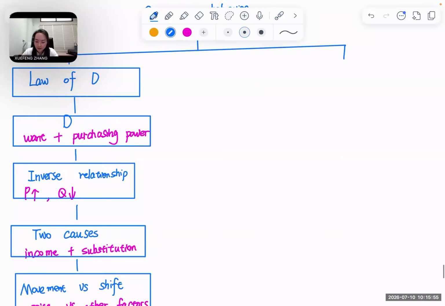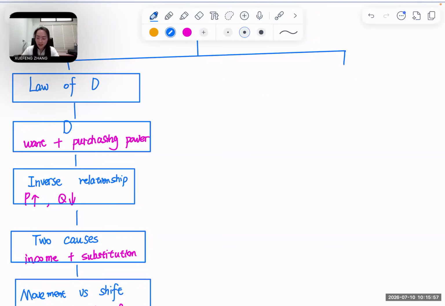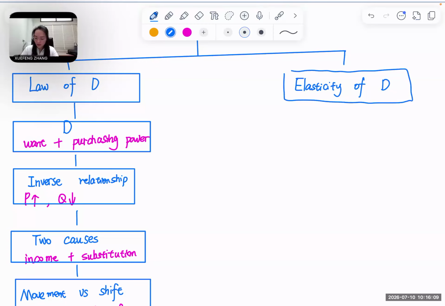And then we learned elasticity of demand, right? For the elasticity of demand, we have three types of elasticity.